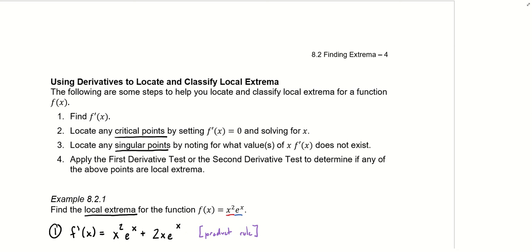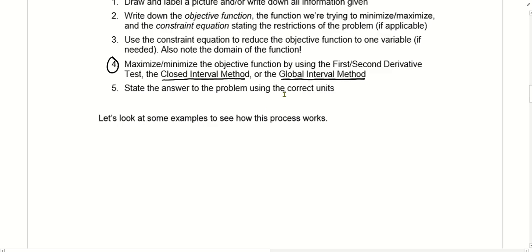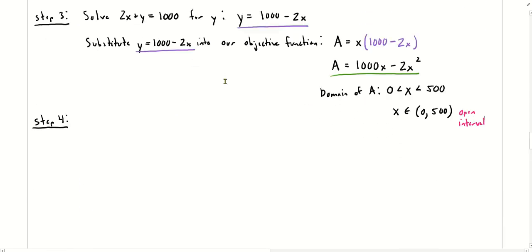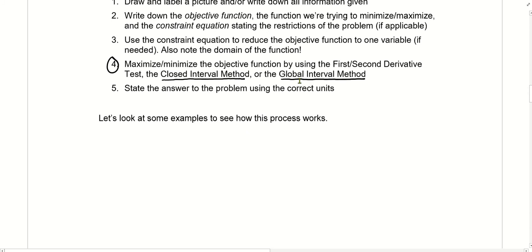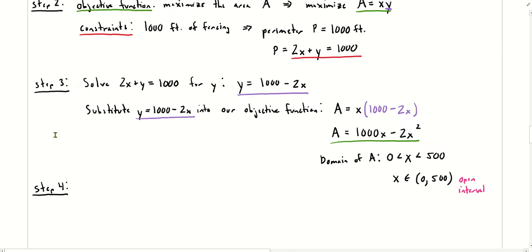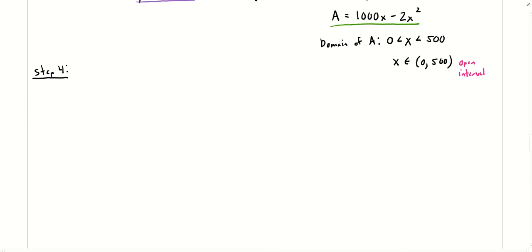So again, for this example, I can't use the closed interval method because I don't have a closed interval for my domain. It's an open interval. But I can use the global interval method. So the first thing I'm going to do here for step 4 is find my critical points.